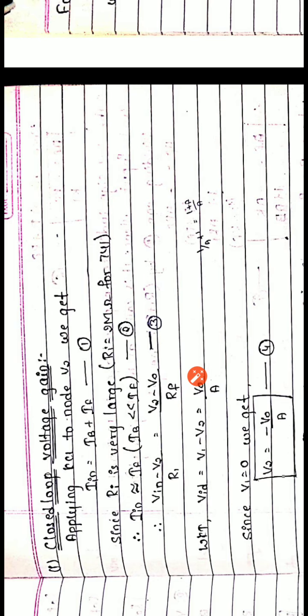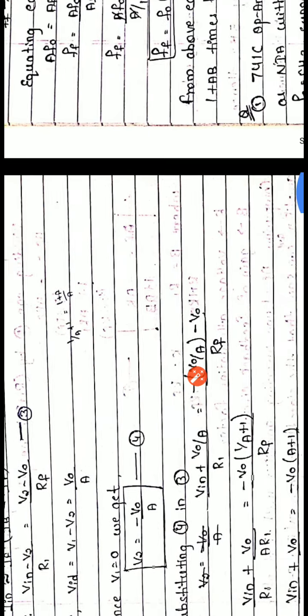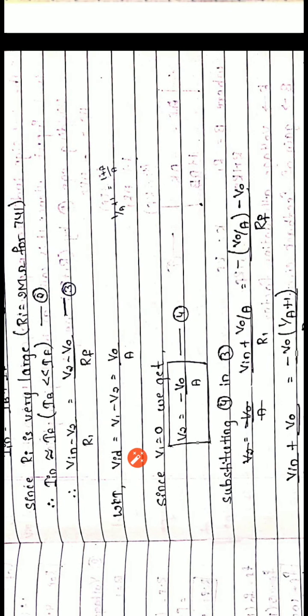Now, using this concept, you have to derive the expression for the closed loop voltage gain in terms of RF and R1, or in terms of resistance now. Now, we know that VID is a differential voltage which is nothing but V1 minus V2, where it is equals to V0 by A. Why is it V0 by A?